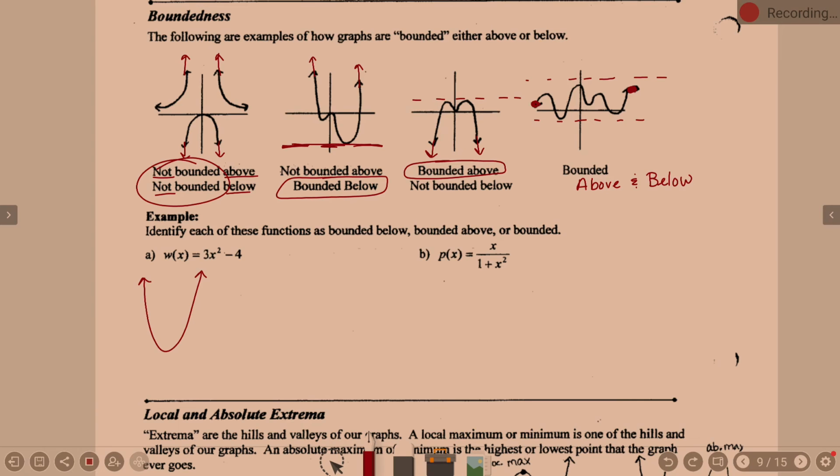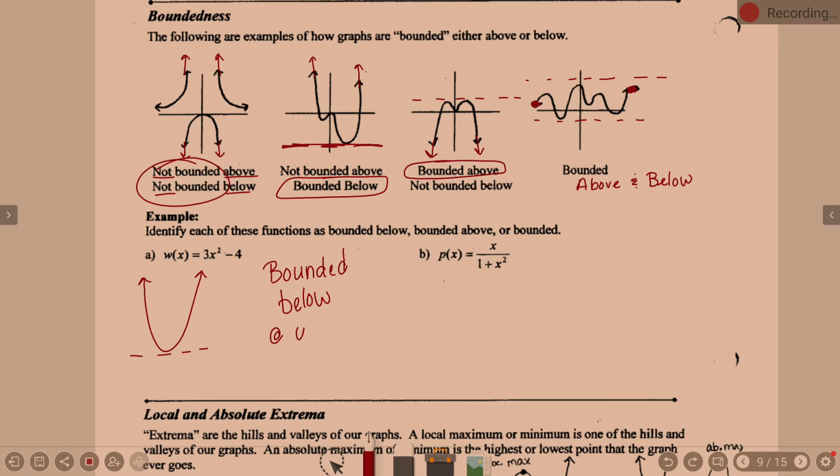Now, with that in mind, is this bounded at all? Yeah, below. Where is it bounded? Okay, focus please. This is an example that is bounded below. Is it bounded above? No, it's a parabola. It is going up infinitely. Now, not that you have to know this, but where is it bounded below?